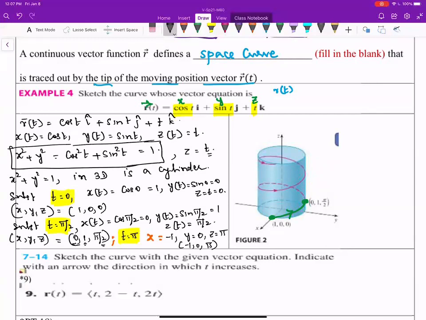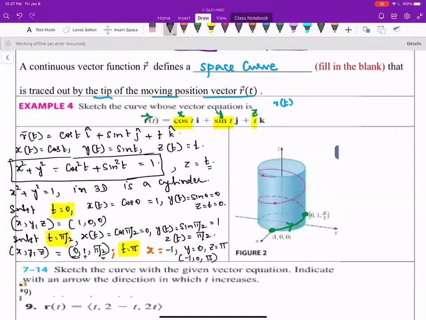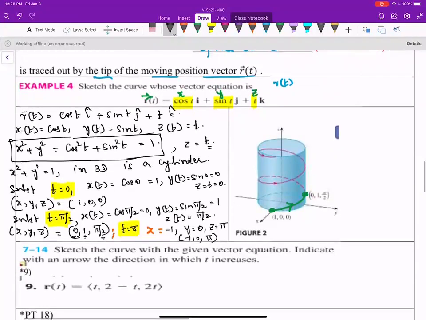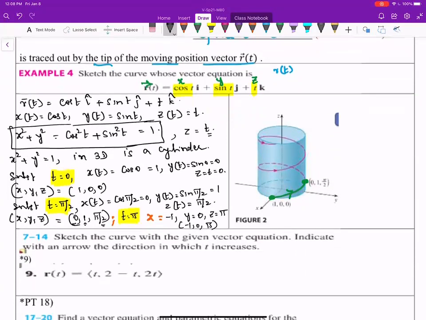So what r of t, the vector function, which is a space curve, does is spiral counterclockwise on a cylinder whose radius is 1. So the center is on the z-axis. The cylinder is made up of lots of parallel disks of radius 1.